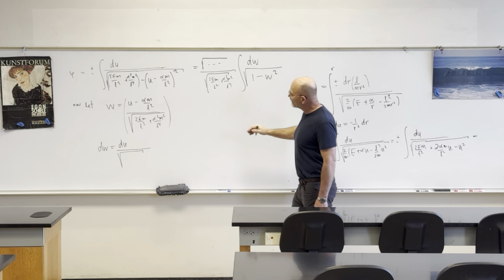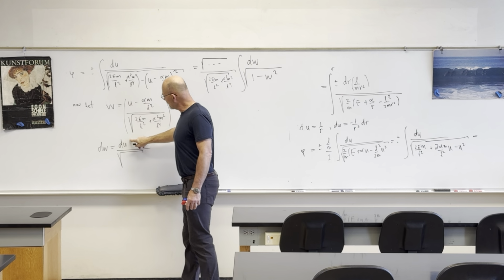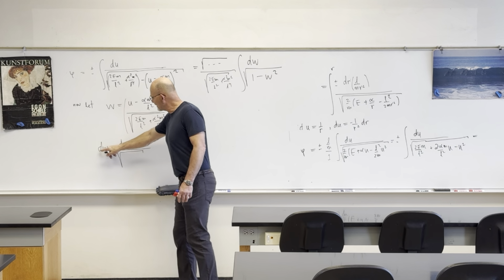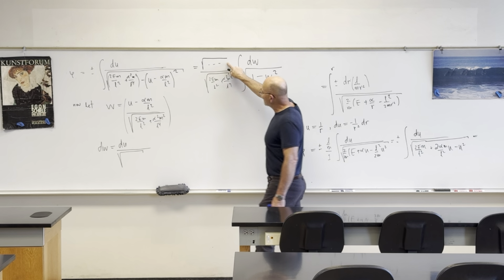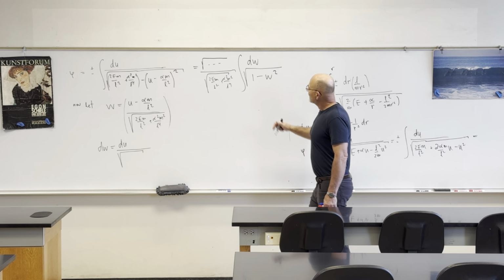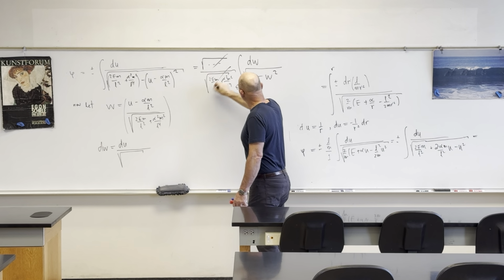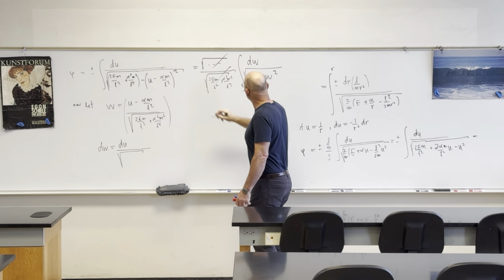That came from the dW, the du equals dW times that. So that came out front as well. So, unbelievably, we've got a plus minus here. We're going to take the minus sign, and we have an inverse cosine. Okay.